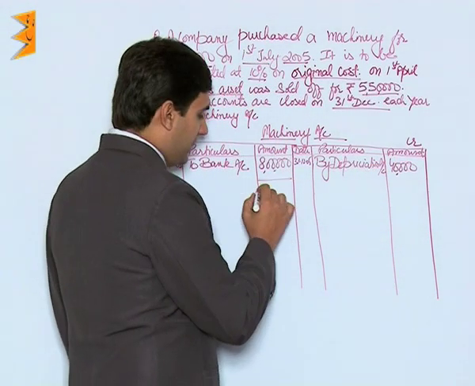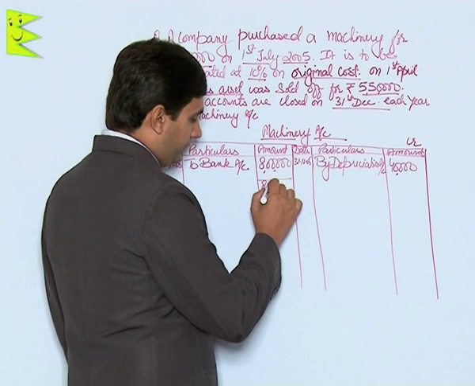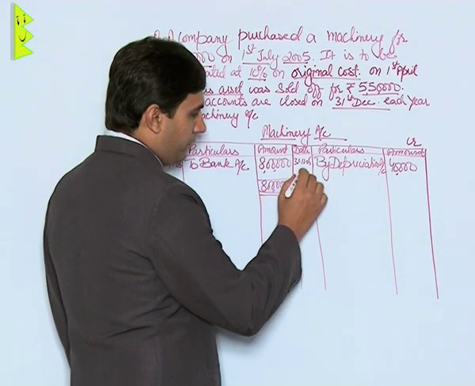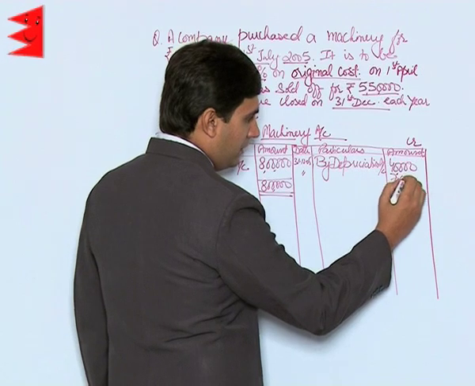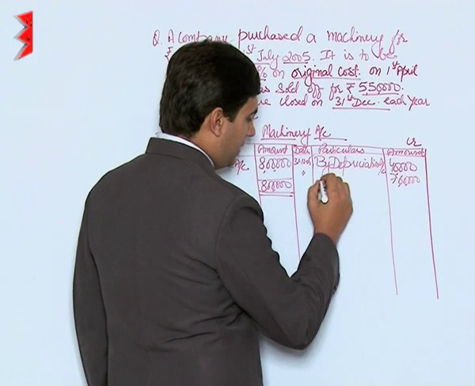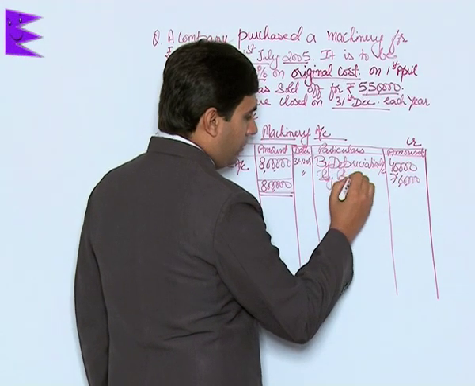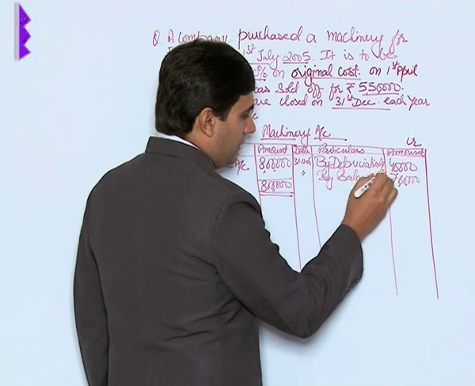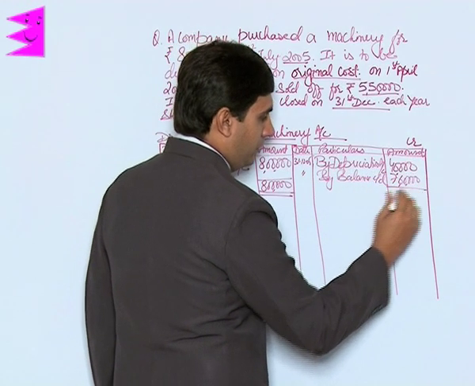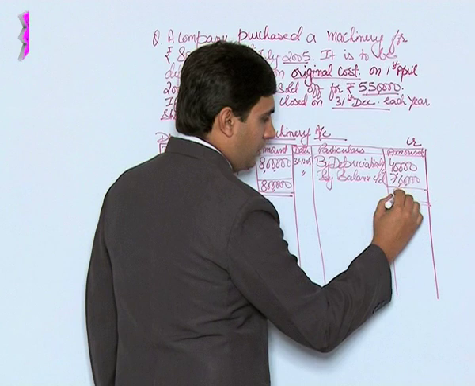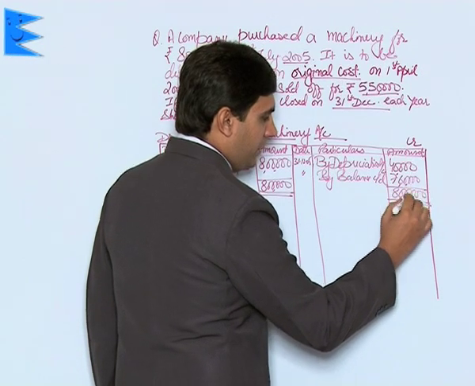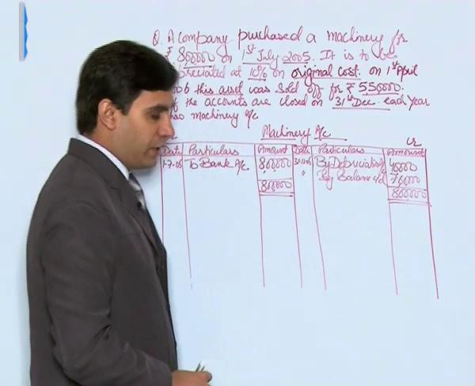Let us find the balance at the end of the year. 8 lakh minus 40,000, so the balance is 7,60,000, written as by balance carried down, and the total is rupees 8 lakh.